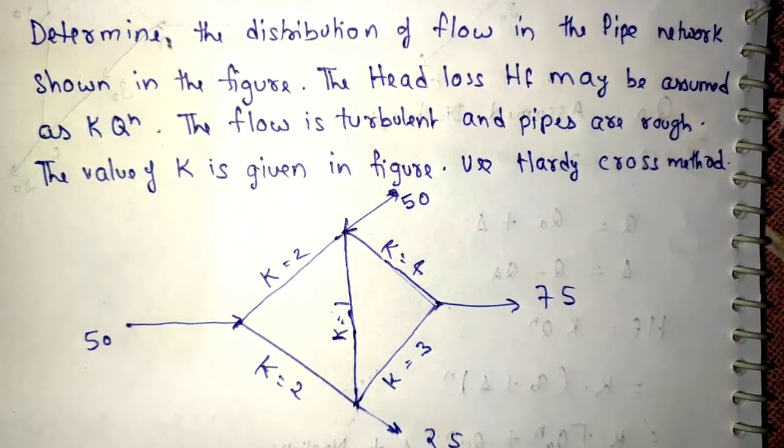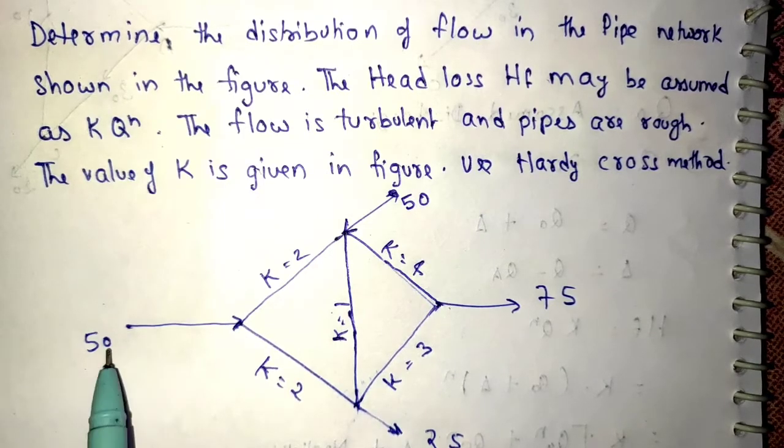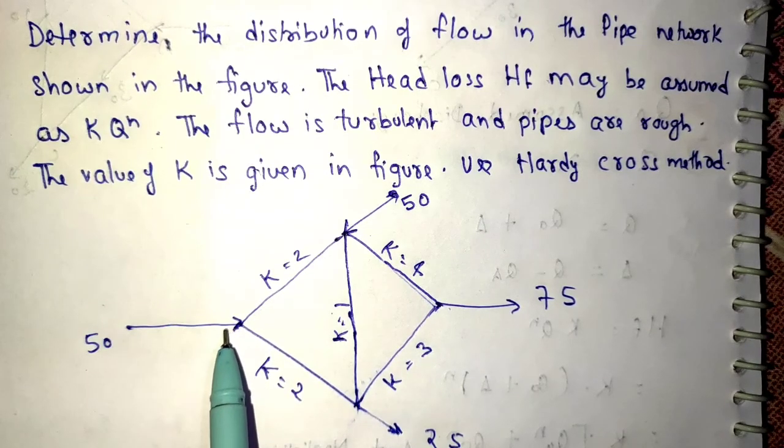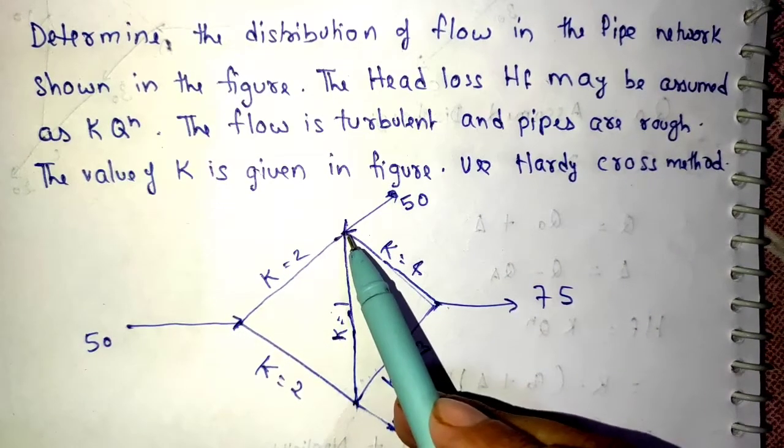In solving any problem using the Hardy-Cross method, you have to be very careful about the sign notations and where the arrowhead is pointing. For example, this arrowhead is pointing towards the inside of this section, and this arrowhead is also inside.